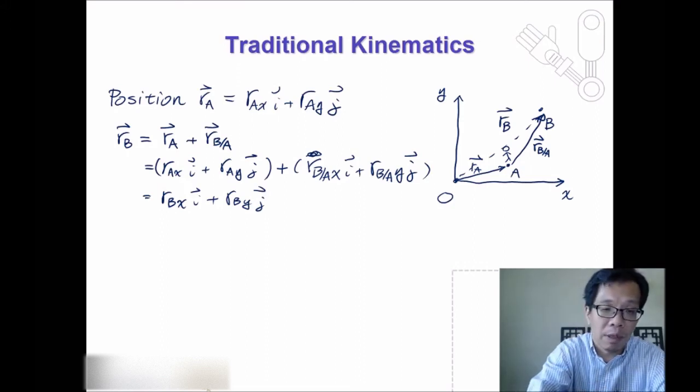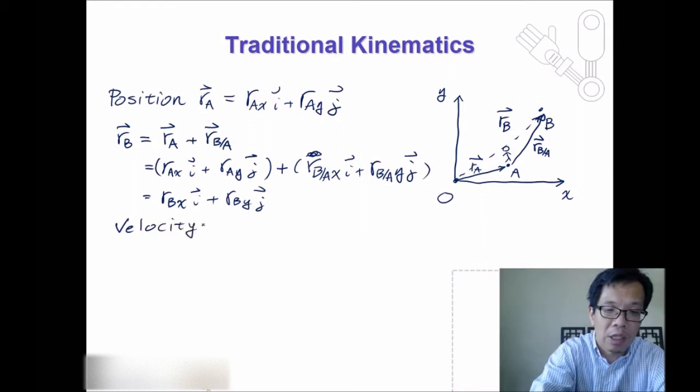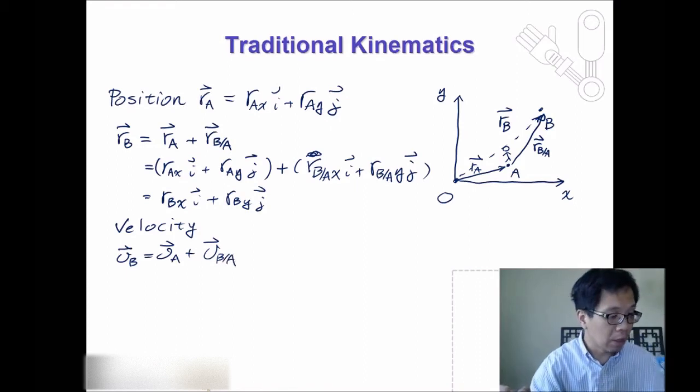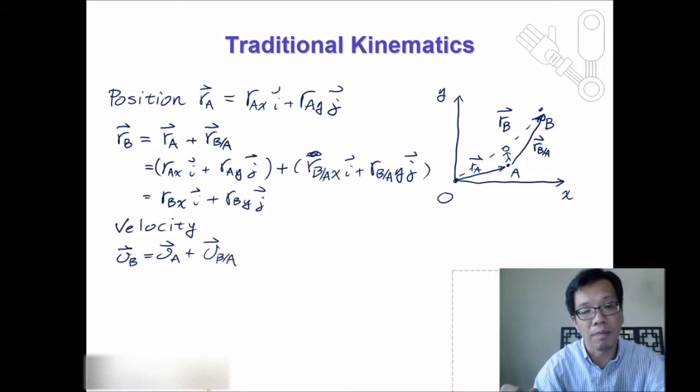If you want to describe velocity, it's similar. We have VB equals VA plus VB over A. That's given. But when we are dealing with this, VA is moving. If this is a rigid body, it is going to rotate about point A, because the only thing it can do is rotate.